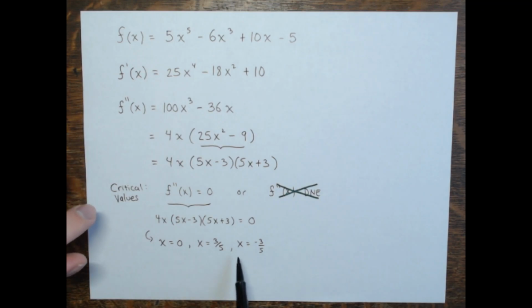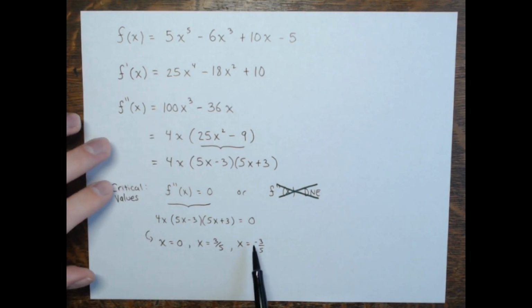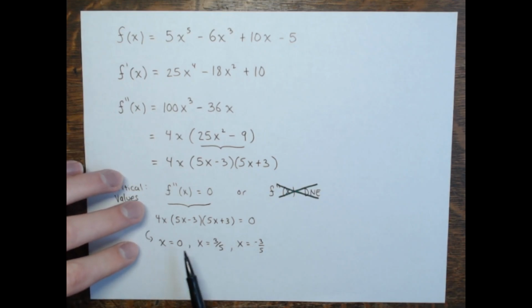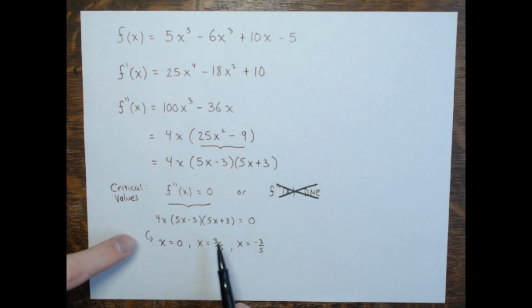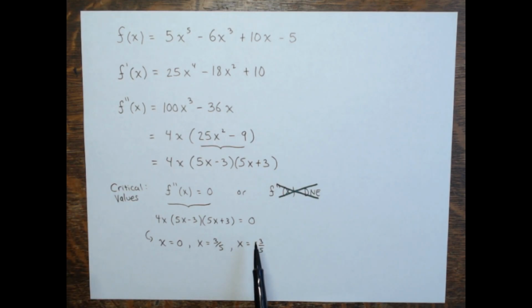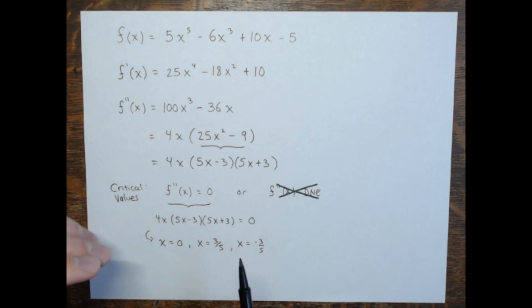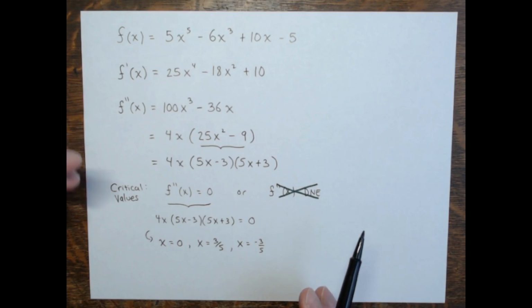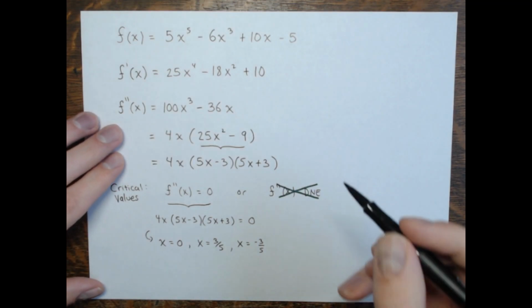Now, these might be my answers, but I mentioned before, just because you have a critical value, that doesn't mean there's going to be an inflection point. All right, you also have to show that the concavity will change, the way it curves will change at these values. So we look at where the second derivative is positive, where the second derivative is negative.